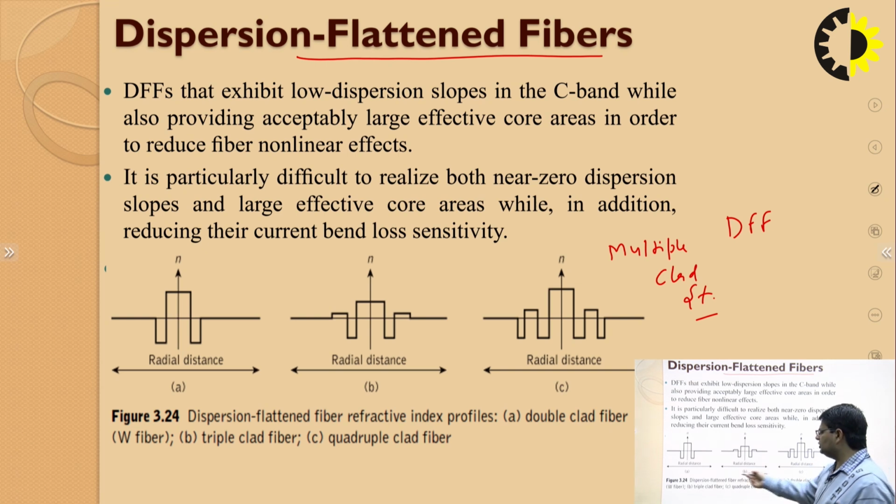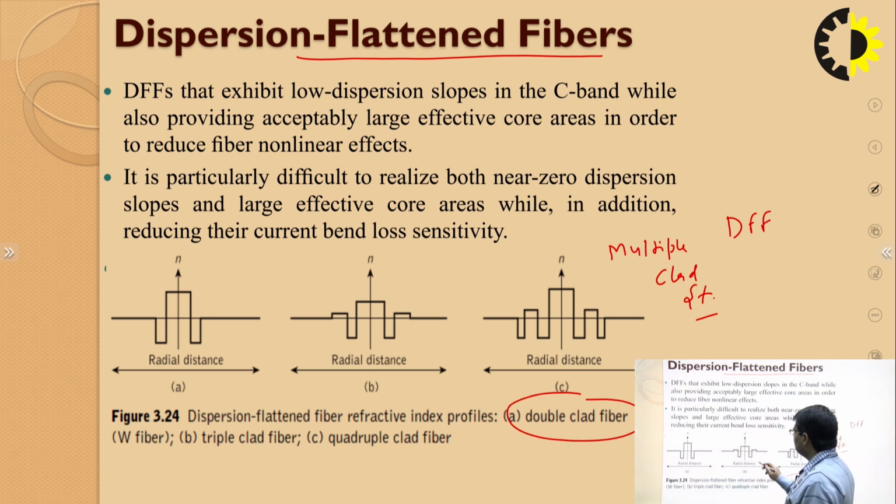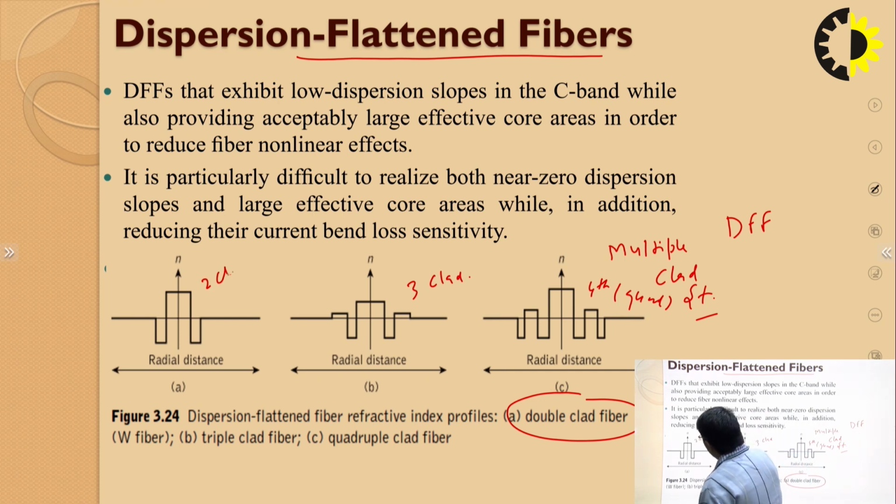For example, these structures are shown here. One is the double clad structure. This is the three clad structure, and this is the four clad structure, also known as a quad, and this is the two clad.